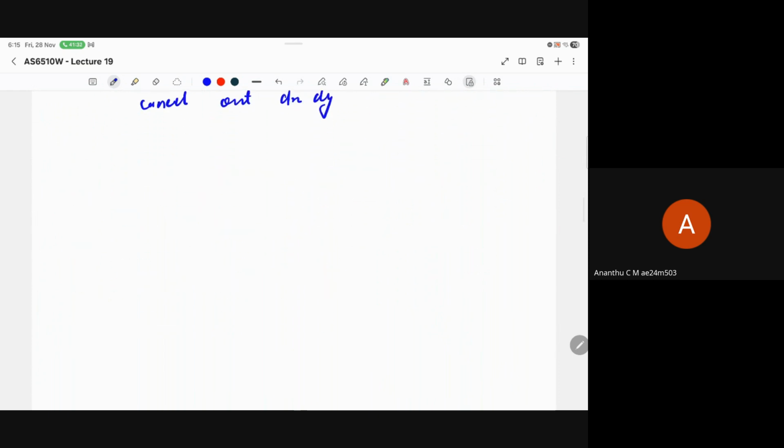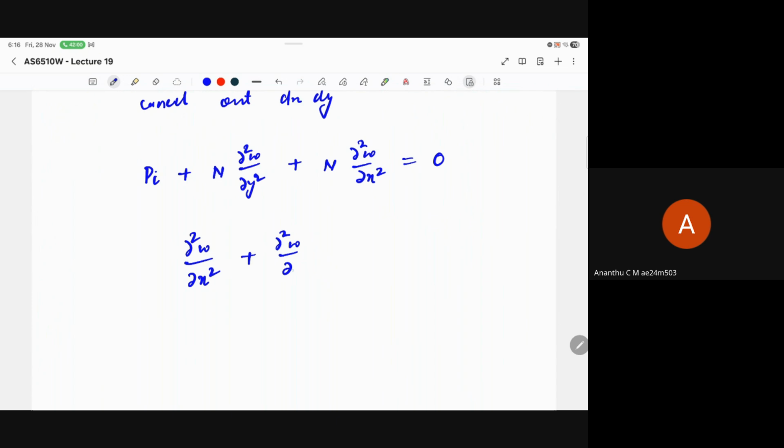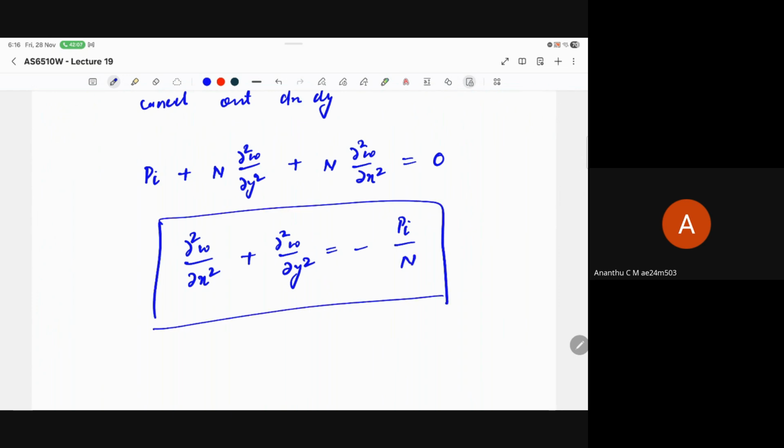Ultimately, what you are going to get is pi plus n into dou square w upon dou y square and dou square w upon dou x square equal to 0. And finally, the governing equation is dou square w upon dou x square plus dou square w upon dou y square is equal to minus pi upon n. This is the governing equation.